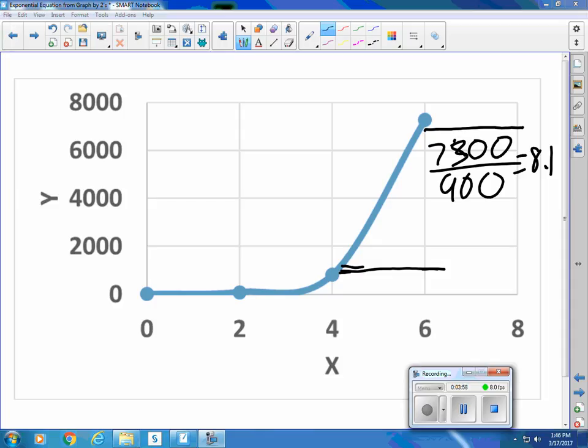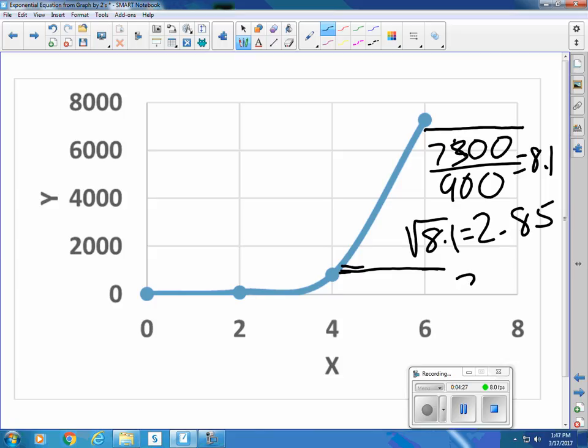Well, I multiplied by something twice and got 8.1. So something squared is 8.1. So let's find the square root of 8.1. Calculator says that's 2.85. So since I did these in whole numbers, that's going to be 3.